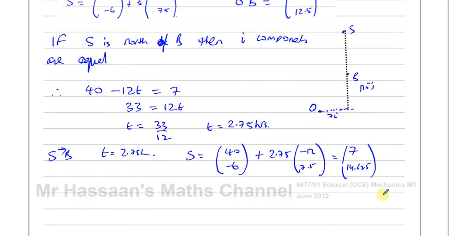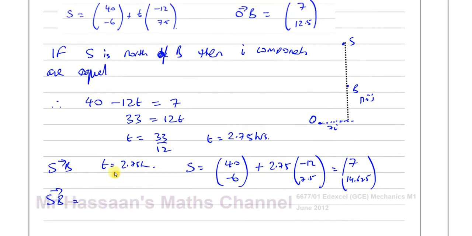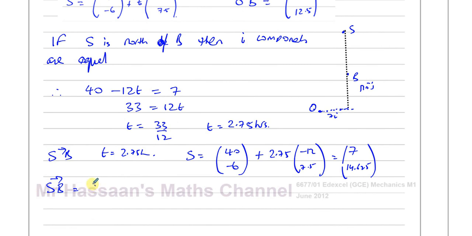Now we want to find the vector from S to B. The vector from S to B is going to be OB, which is 7 and 12.5, minus the vector from O to S, which is 7 and 14.625.